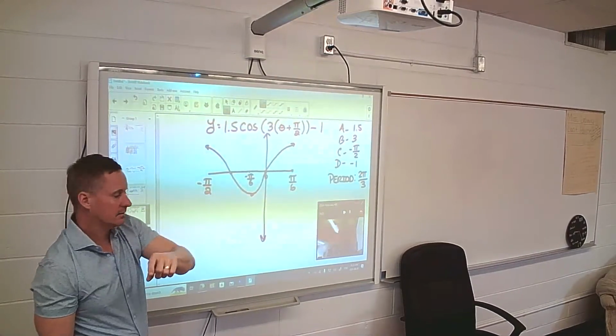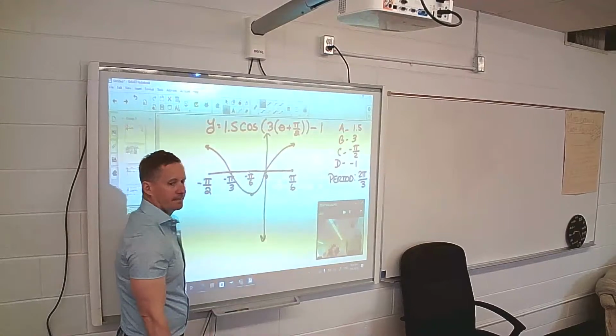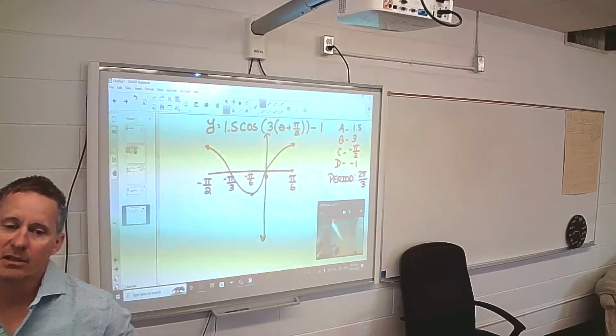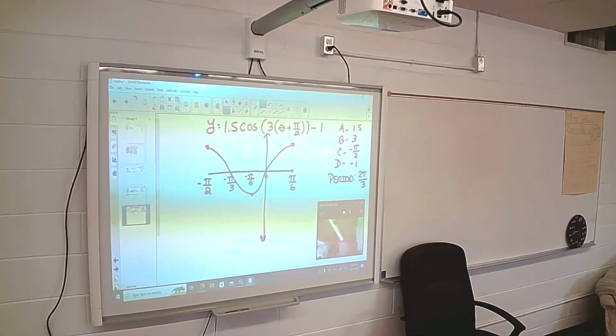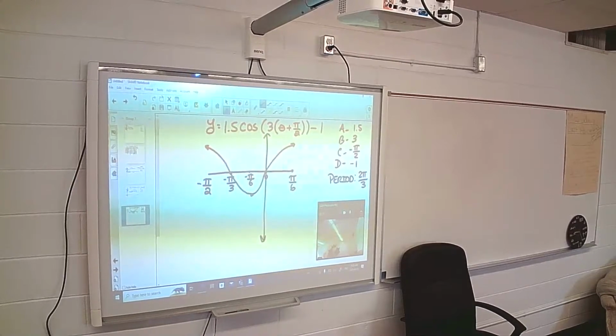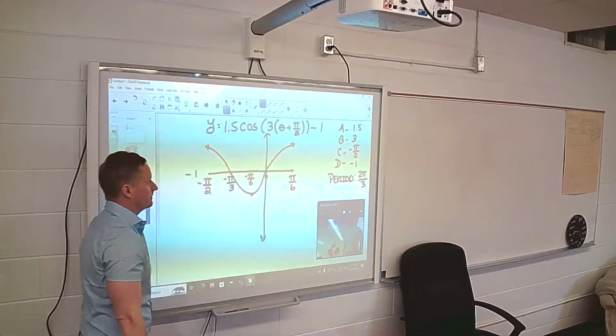What is it? Negative pi over 3. Okay. So that's the only part that's difficult because of the fractions. All right. Now, where's my midline? My midline is at negative 1.